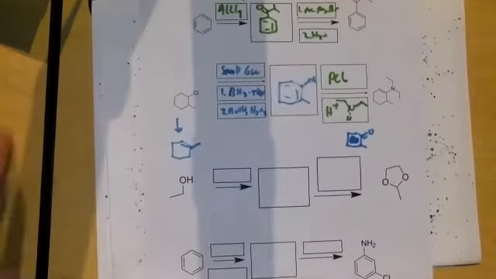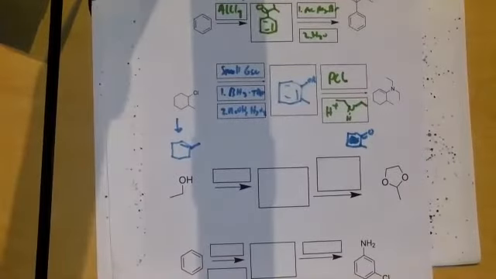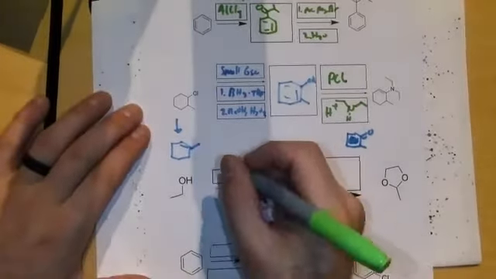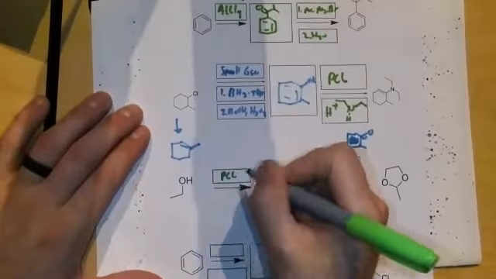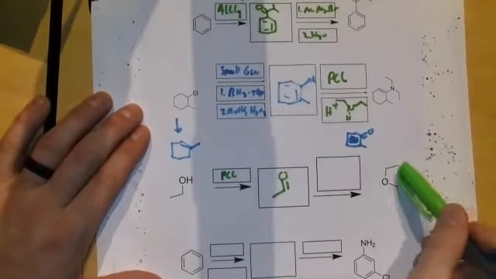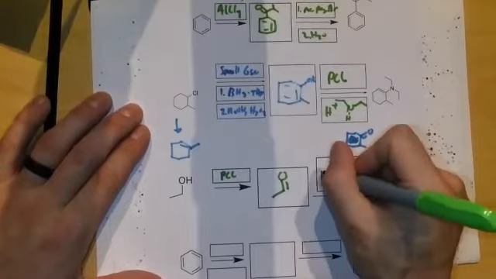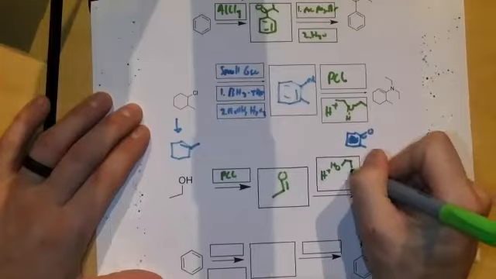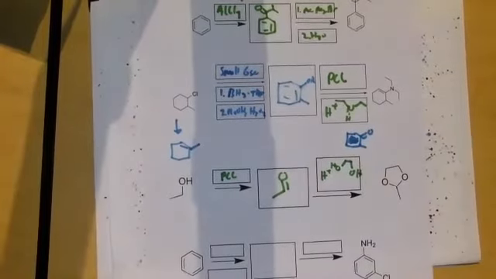Let's take a look at this next one, which should be a little bit shorter. We're making a cyclic acetal. We throw in PCC, we can make a ketone. From here, we just need this diol, and we can make that product.